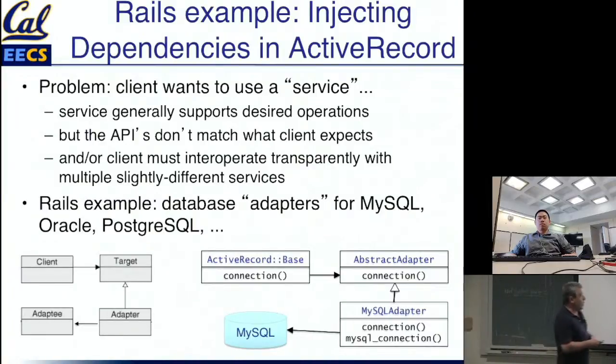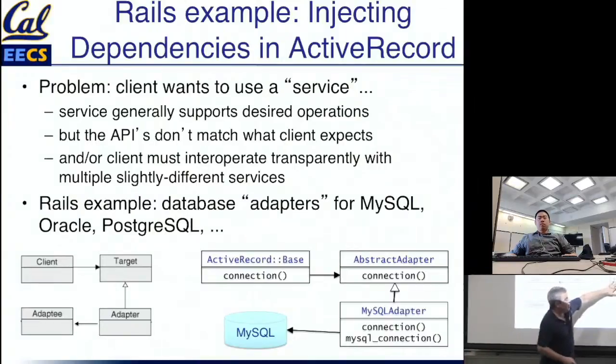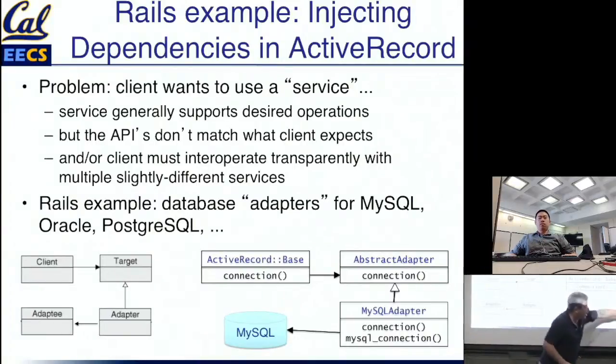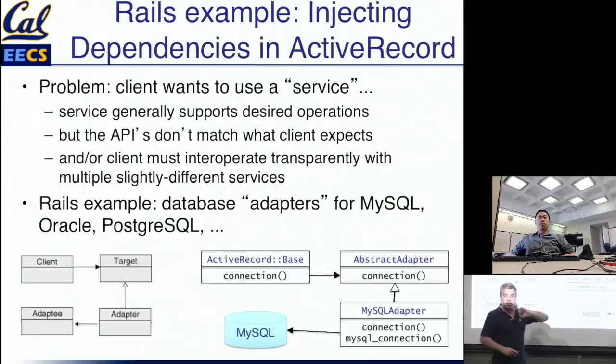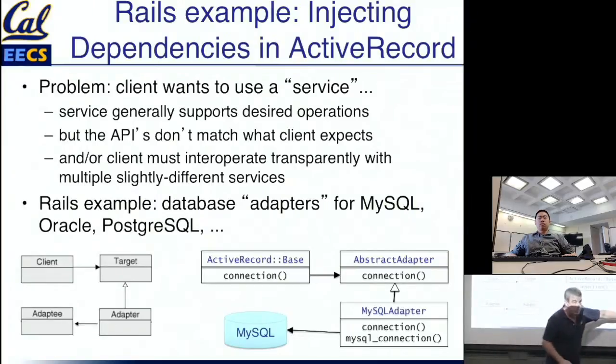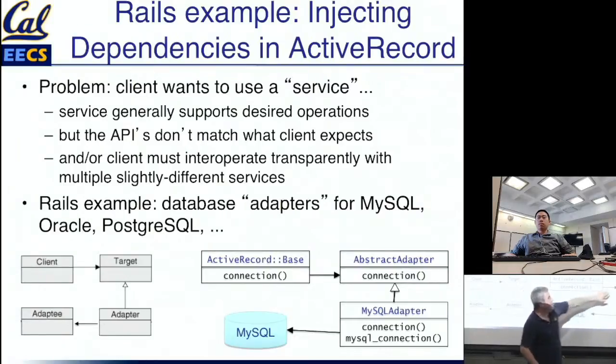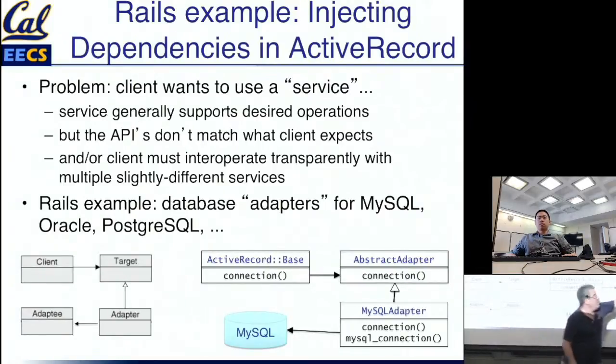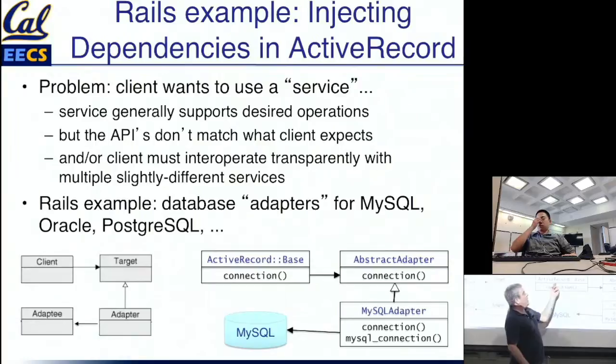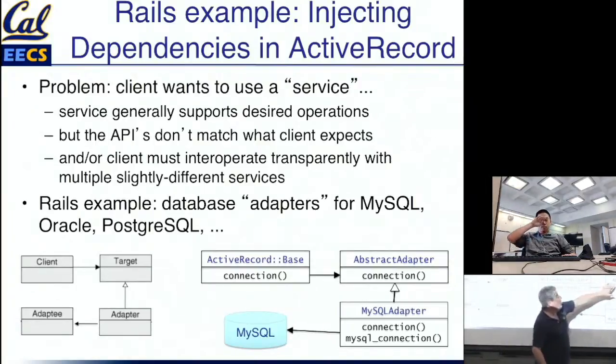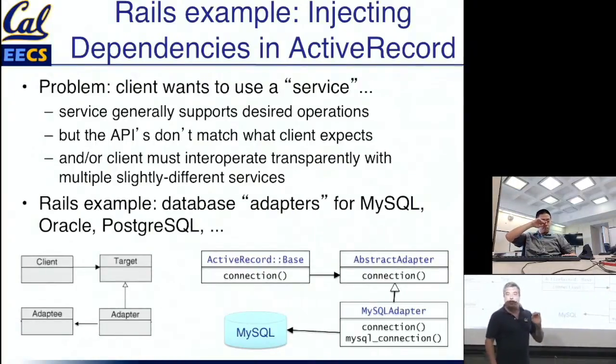So again, what's happened here is instead of having Active Record base essentially try to talk directly to one or another kind of database, which doesn't work because even the names of these methods are going to be very different across different databases, a dependency has been injected so that the only thing Active Record base relies on is what are the method calls available through abstract adapter.